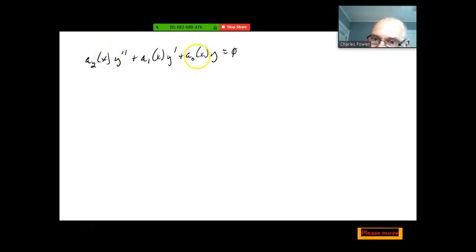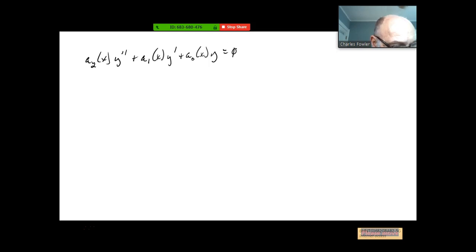In addition, the names don't matter; the subscripts 0, 1, and 2 mean nothing except that this is the coefficient function that goes with the second derivative, this goes with the first derivative, and that goes with the function itself, the 0th derivative, you might say.